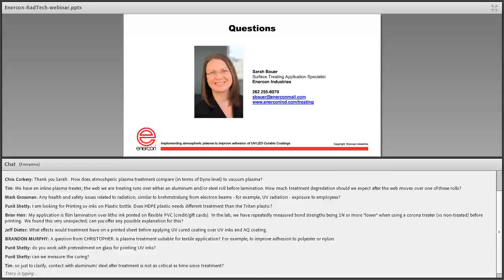Contact with aluminum or steel after treatment is not as critical as time since the treatment. And I think this refers back to a question from earlier. So having contact with a ground roll or an idler roll, so aluminum or steel after treatment, would be a problem if those had some level of contamination.